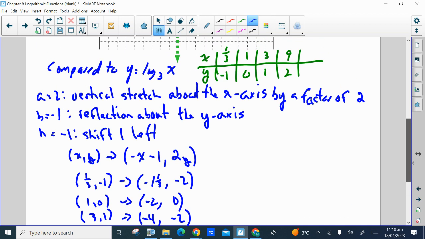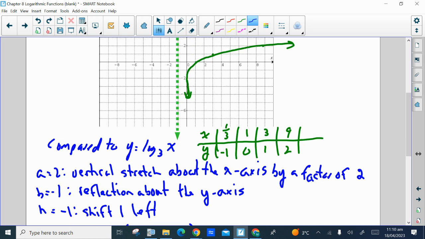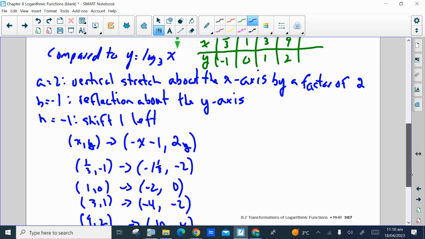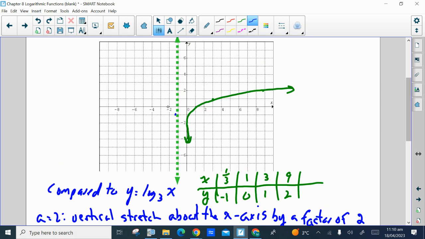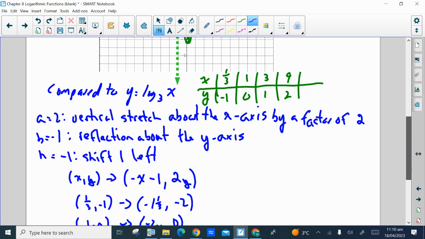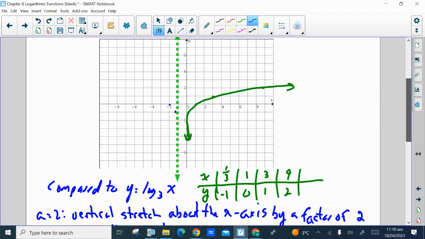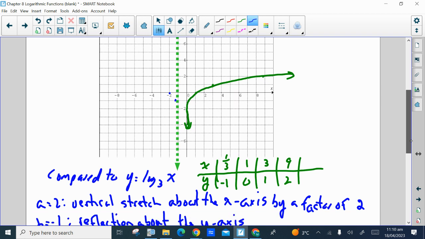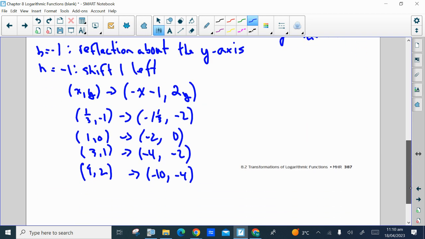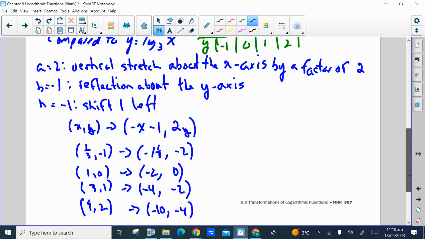So I've got the point (-1 1/3, -1). I've got the point (-2, 0). -4, that should be +2, not -2.